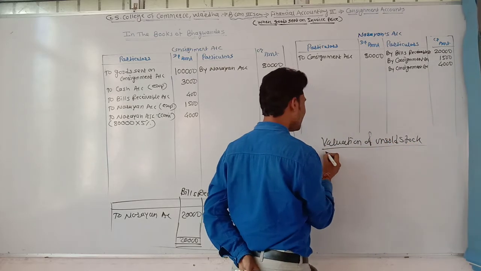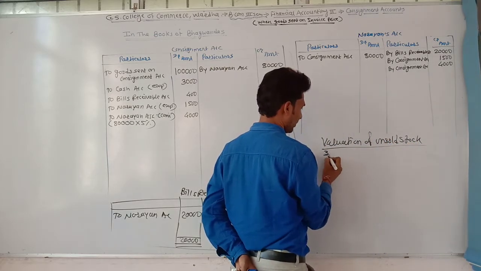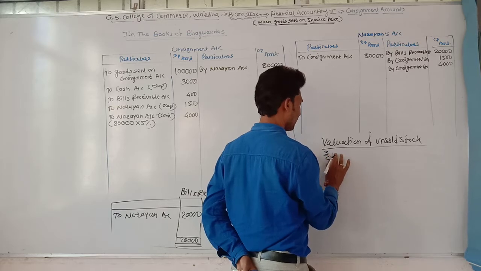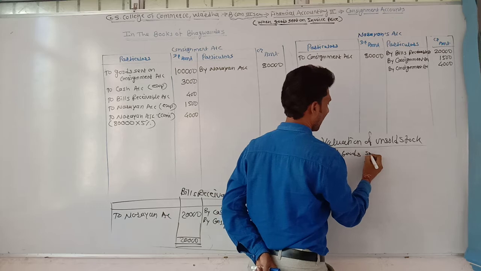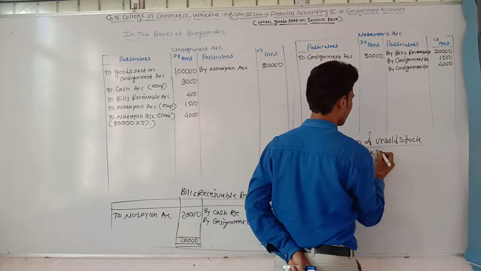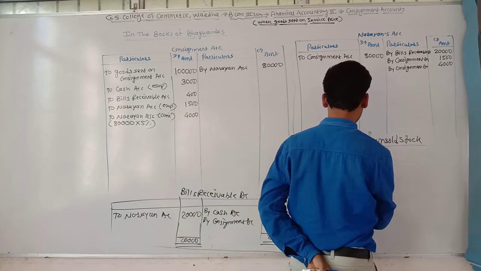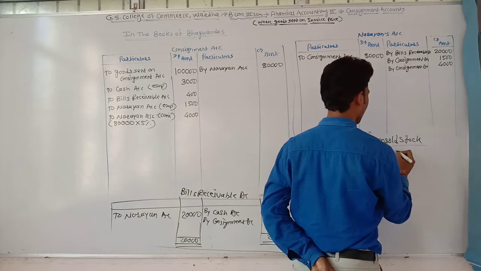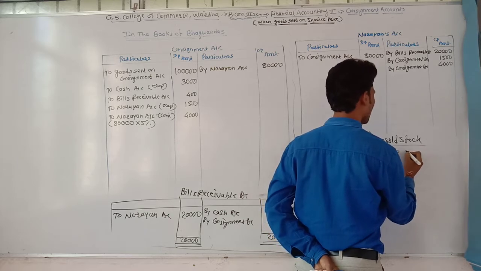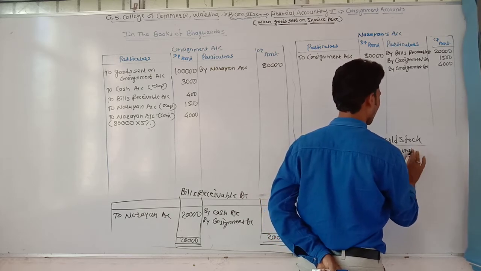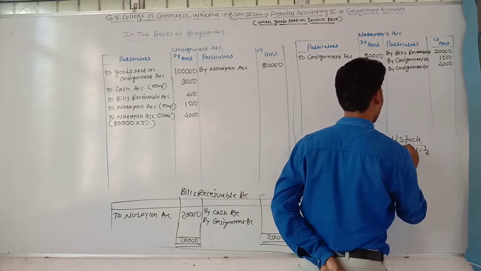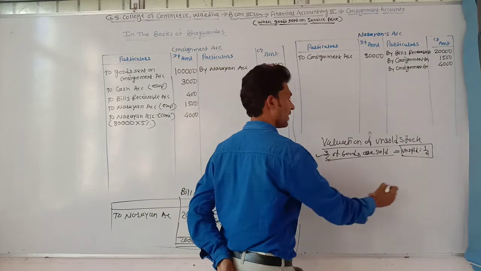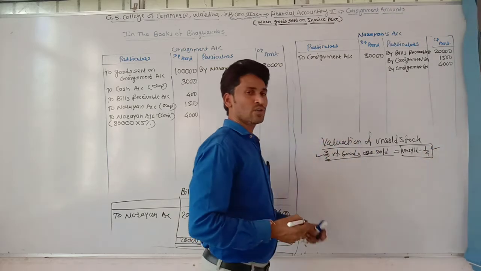Three-fourths of the goods are sold by the consignee. It means the balance unsold stock is one-fourth.